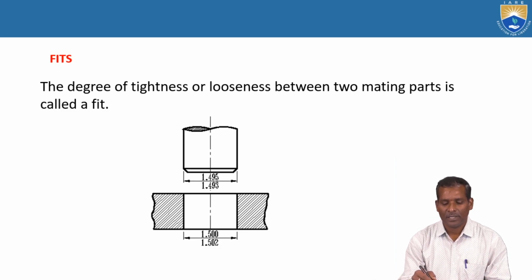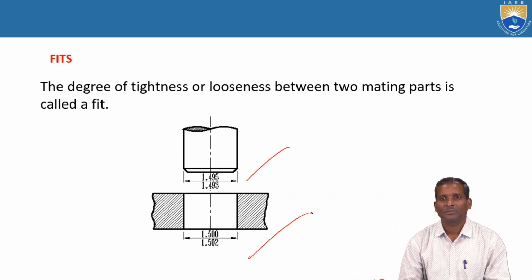Suppose here you have a diagram showing shaft and hole dimensions. You have to find out what is the degree of tightness. Is it clearance fit? Is it transition? Or is it interference?